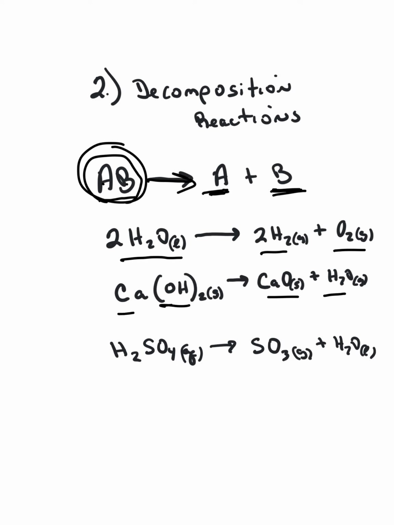So we have a more complex molecule on this side, and we're breaking up into 2 simpler molecules on the product side. Another one is sulfuric acid. It goes through a reaction where you're breaking it down to simpler SO3 and water.